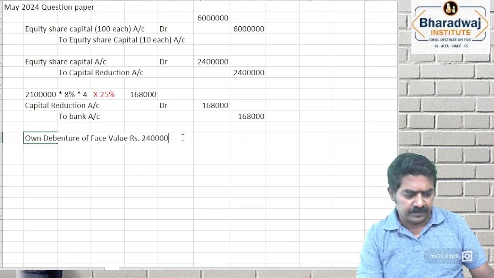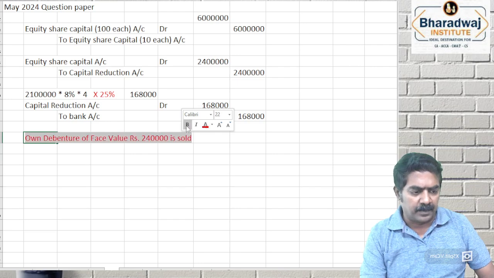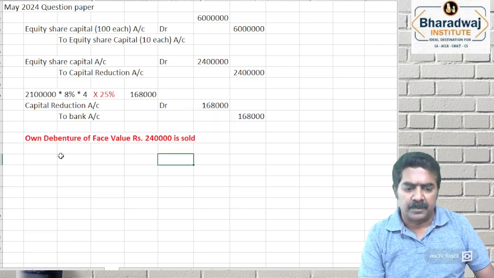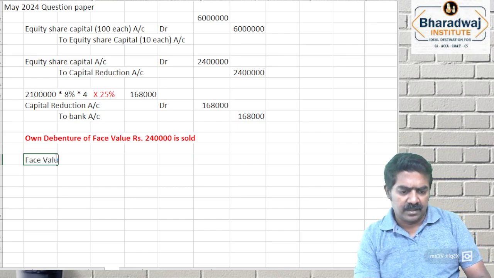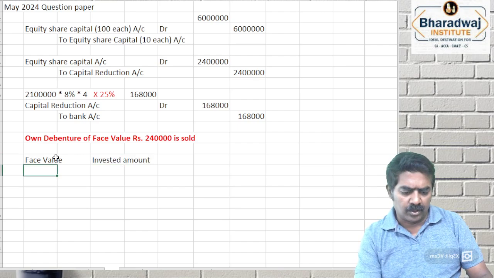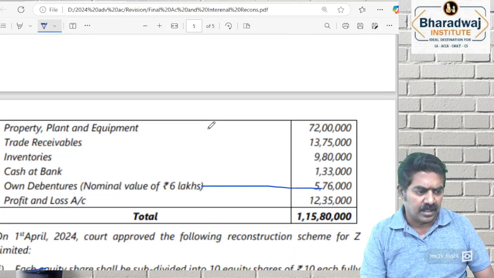Is sold. We are selling to external people. What is the face value, and what is the invested amount? Looking at the total, there is 6 lakhs face value. What is the invested amount? Look on the asset side.